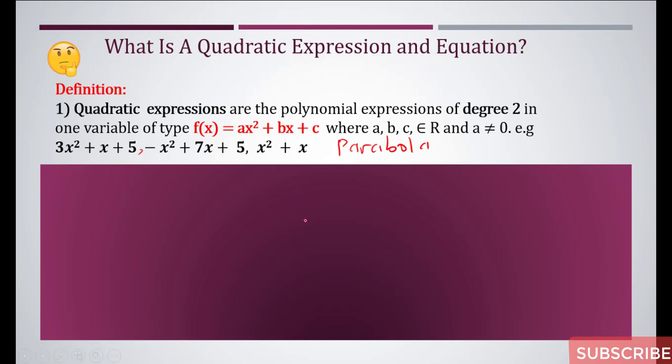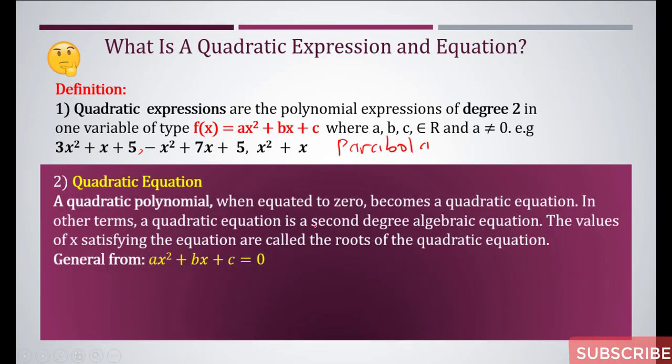So let's then define what a quadratic equation is. A quadratic polynomial, when equated to 0, becomes a quadratic equation. When the expression f of x equals ax squared plus bx plus c is equated to 0, we get a quadratic equation. In other terms, a quadratic equation is a second degree algebraic equation. The values of x satisfying the equation are called the roots of the quadratic equation.